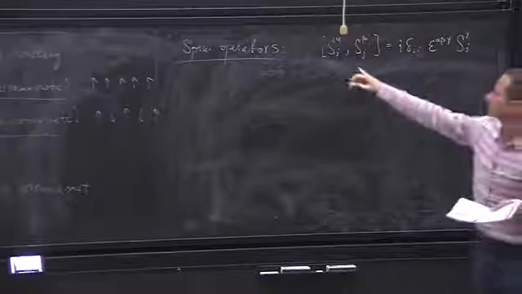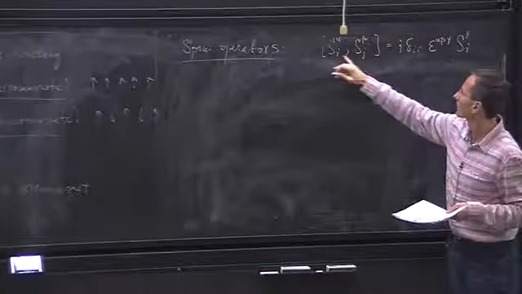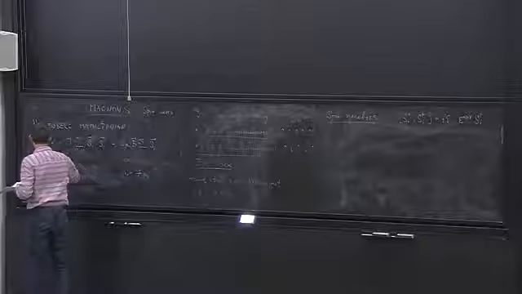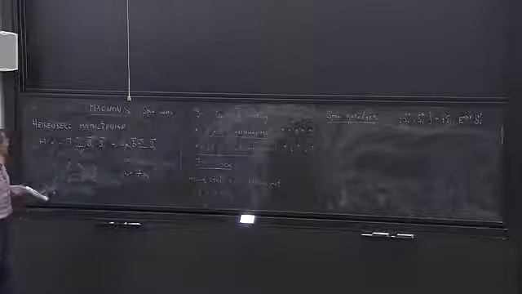I'm using a notation in which the lower index labels the site on which the spin sits, and the upper index labels the component of the spin.